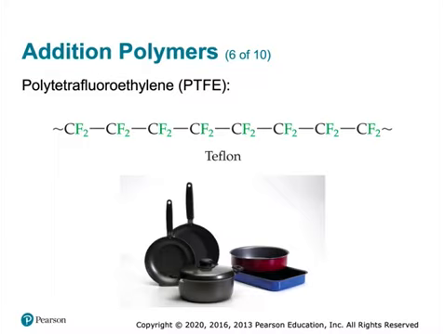It also has very little friction, so we use it for nonstick pans, and for things where you really need a lot of chemical inertness. So we use it in the lab. We coat things with Teflon to make them very unreactive. Things like the magnetic stirring rods are coated in Teflon. And if you've touched Teflon, you know it's slippery.